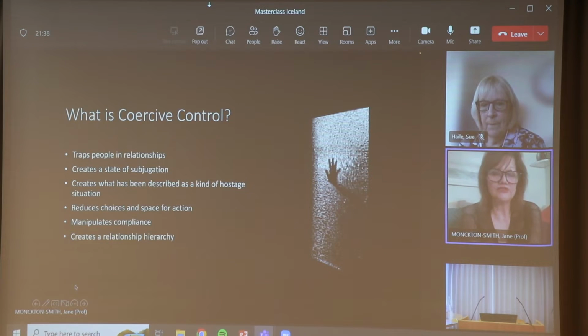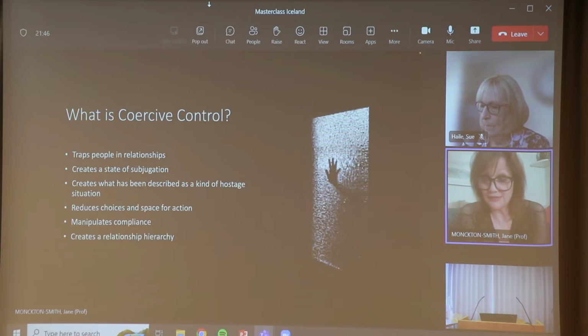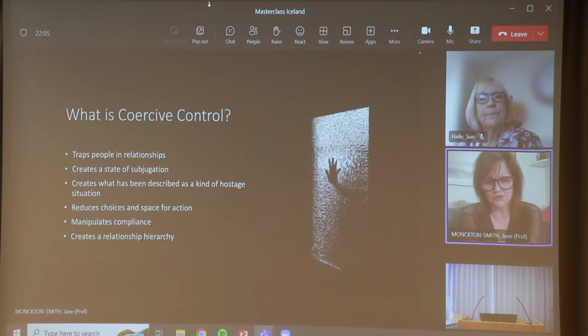Now, I've said that coercive control is definitely implicated in these deaths. It is the best framework for understanding domestic abuse. So just for the next couple of slides, I'm going to talk about how we interpreted the research that has been done in this area to explain what coercive control is.